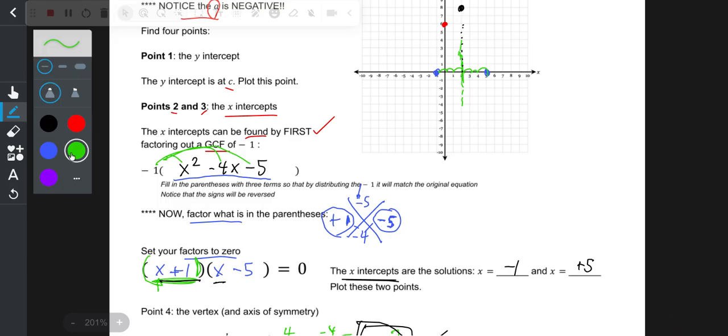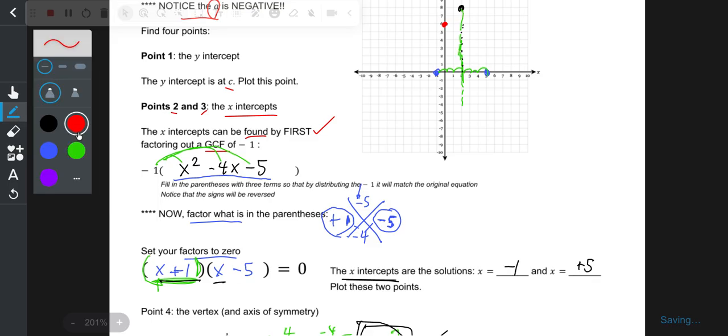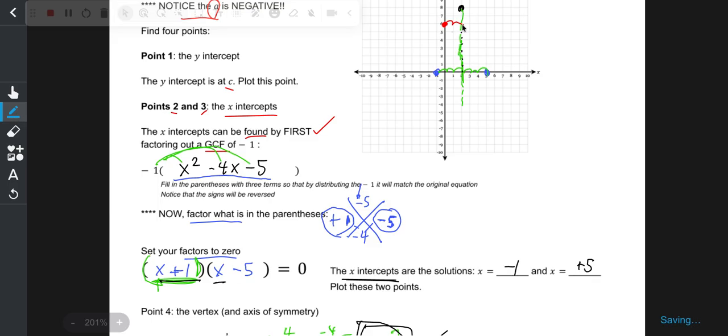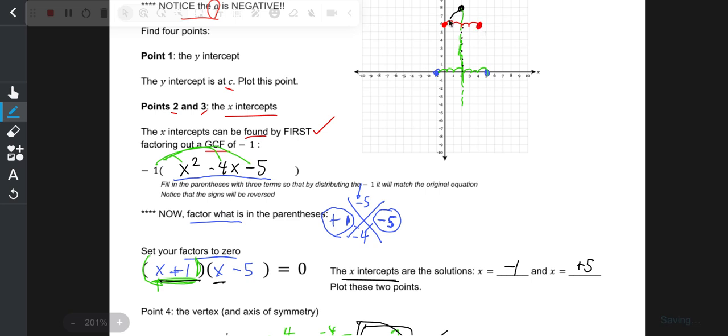Using our axis of symmetry here, we can mirror this point and say, well, if it was 2 away from the middle on that side, there's got to be a point over here that's 2 away from the middle on this side. And when we connect this up, we will get an upside down U. And it looks beautifully symmetric on both sides.